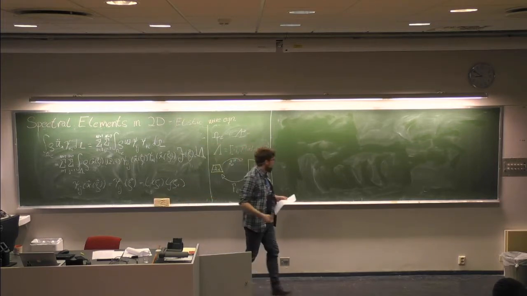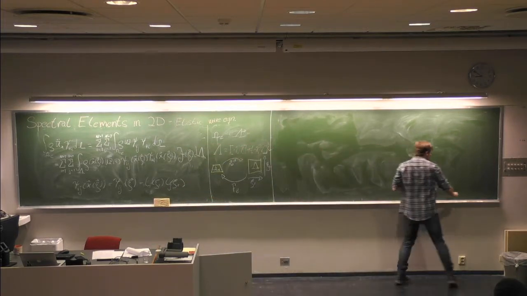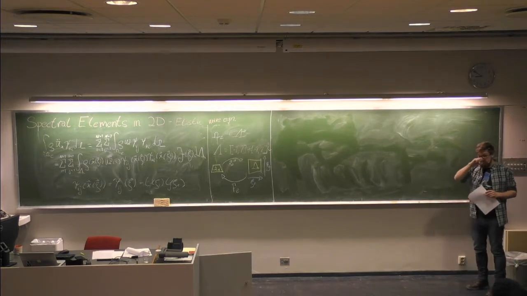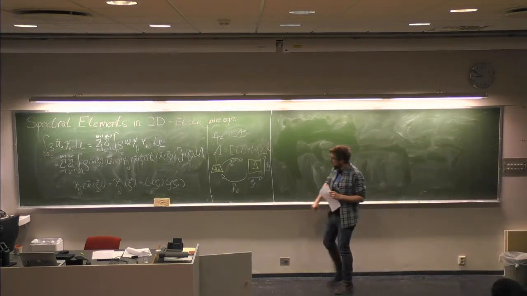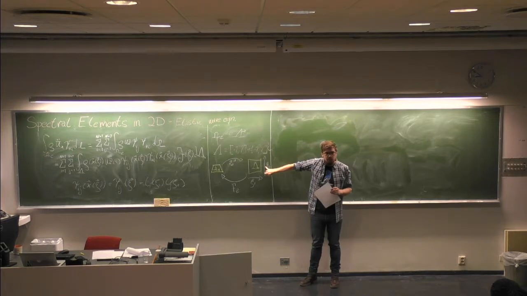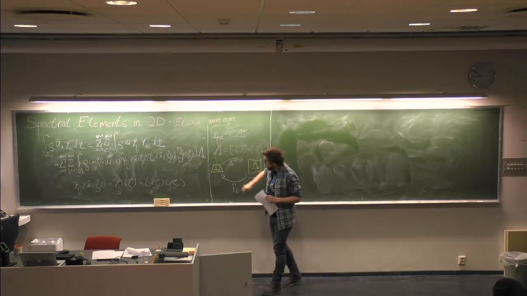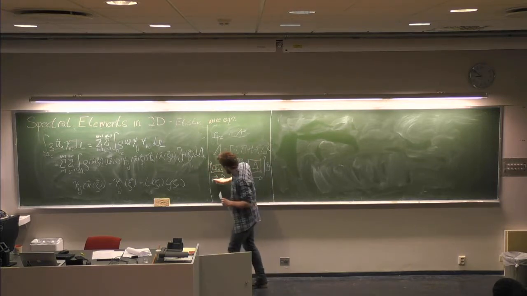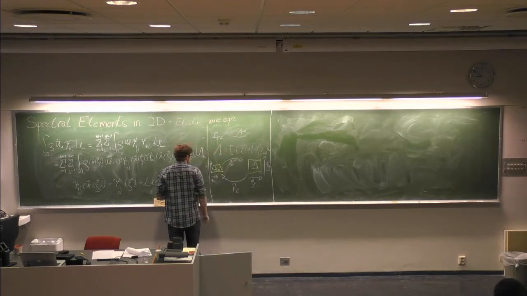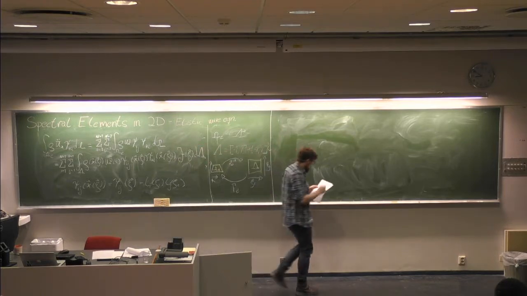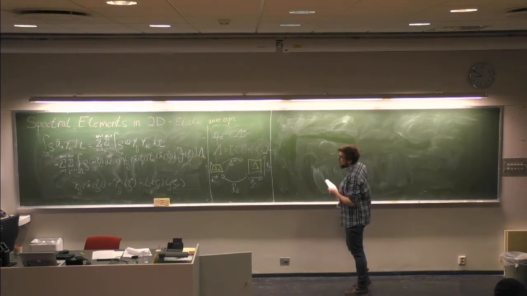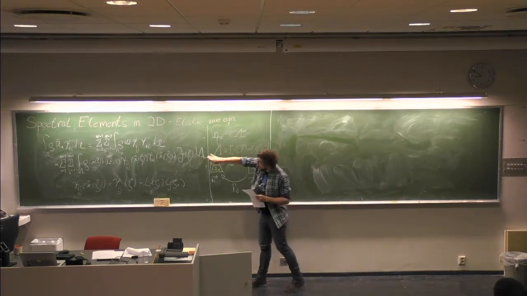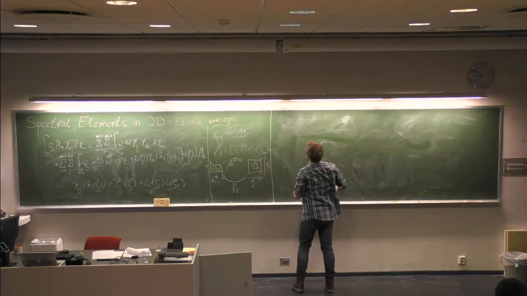So yes. Questions? Did you get the idea with the xi1 and xi2? It's just x and y transformed in the basis elements, like so. But we're still on this, and we will apply the GLL quadrature again.